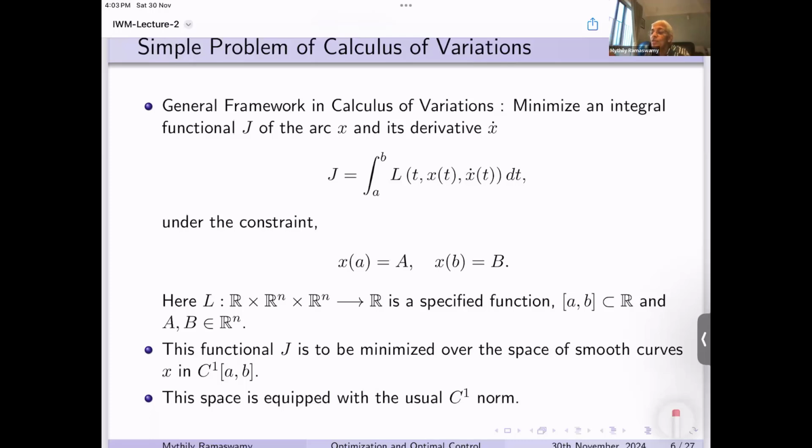Later on, we will see these endpoints need not be fixed. They can be free. Then what happens, etc. So the simple case is I'm fixing both the endpoints, and then I'm asking whether J can be minimized over the space of smooth curves x in C1 of [a, b]. Now this space is equipped with the usual C1 norm. So when I'm talking about the distance, it will be in the C1 distance.